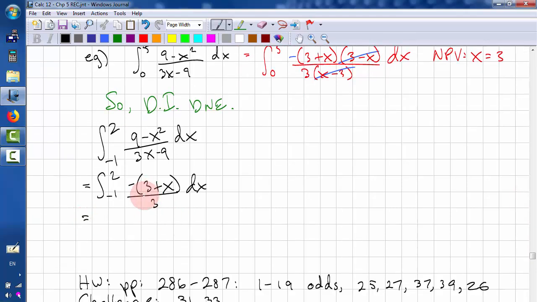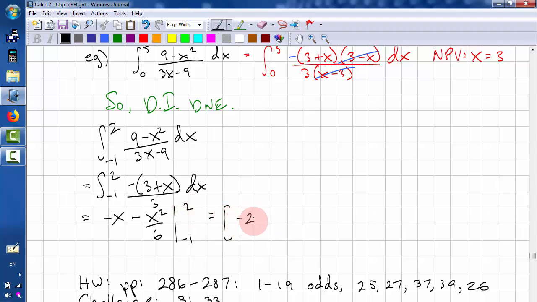And the antiderivative, we have 3 divided by 3, that's -1. So we have -x and -x over 3. So -x squared over 6. And we're going to evaluate this from -1 to 2.